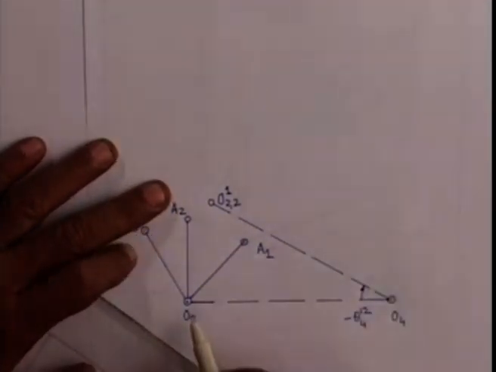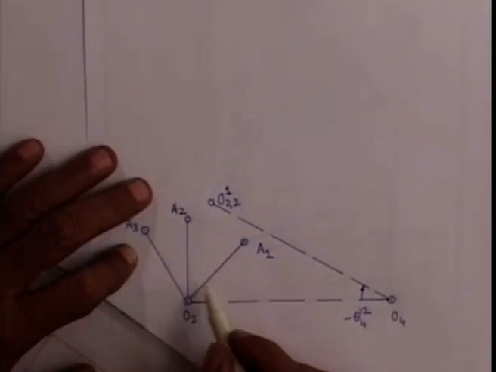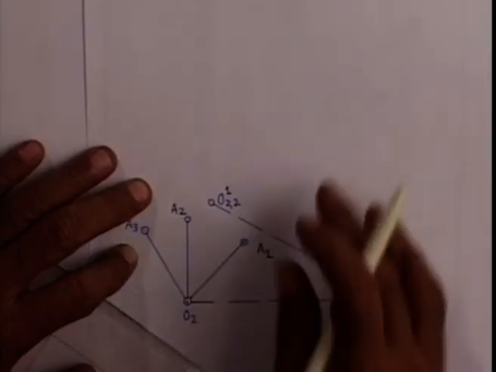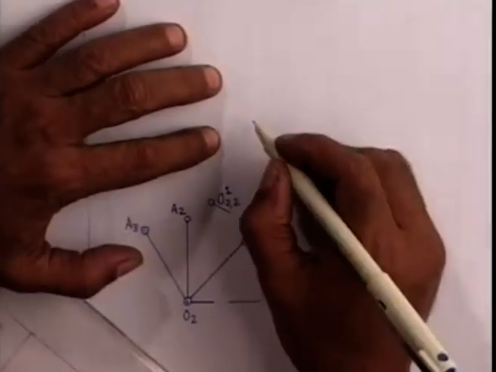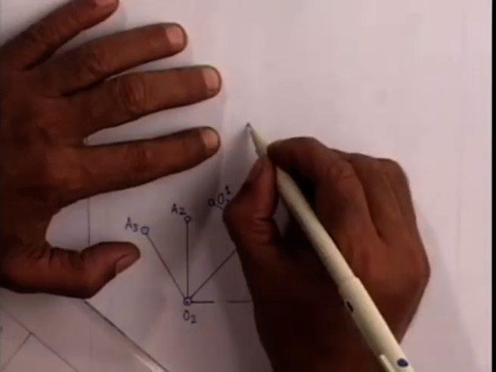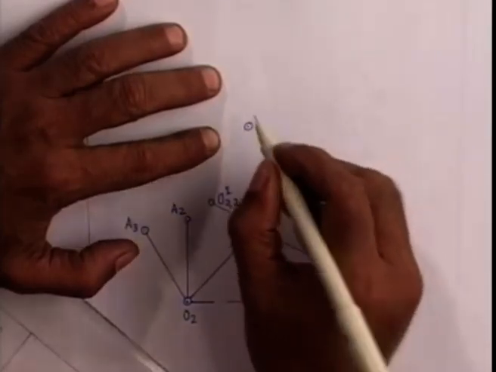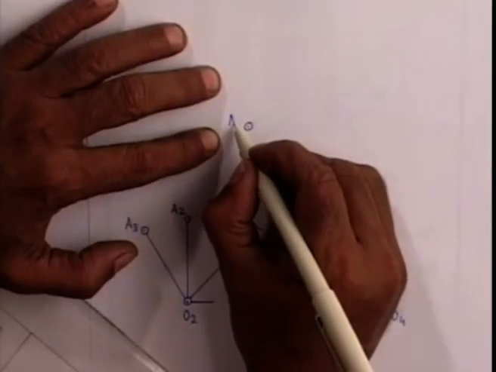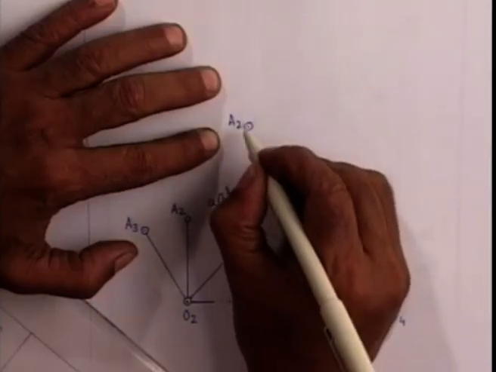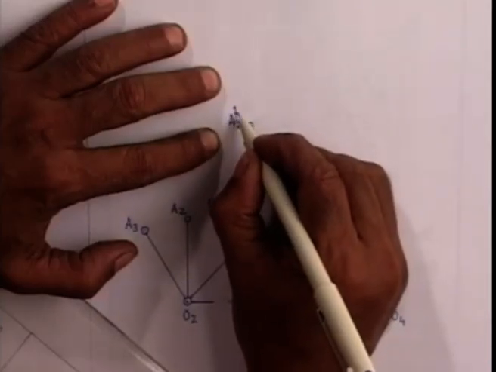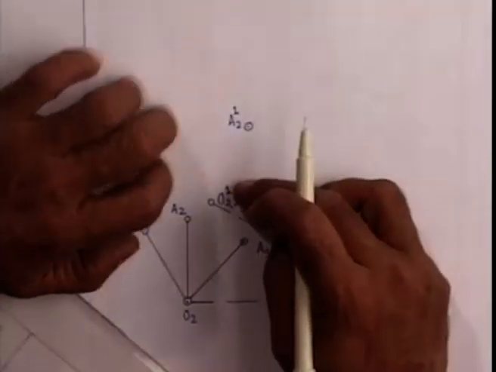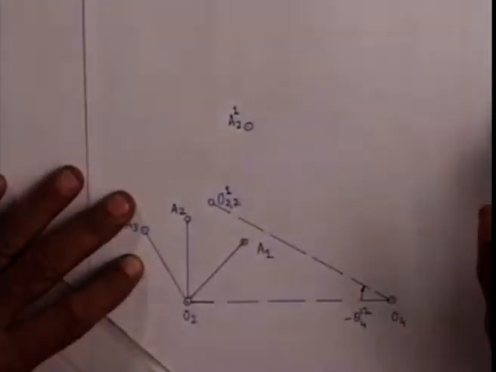And the angle between O2O4 and O2A2, which is this angle, is theta 22. So, if I draw that, I can find the inverted position of A2 inverted on the first configuration. The superscript always refers to the configuration which has been held fixed.